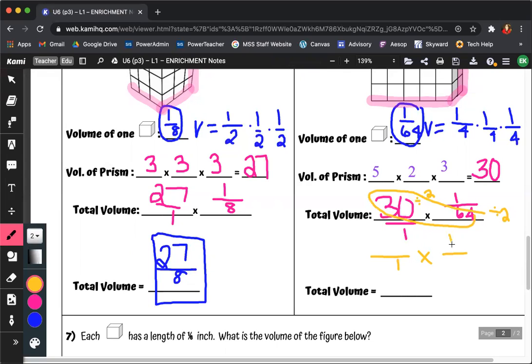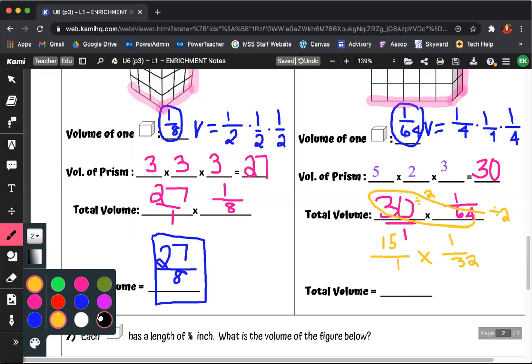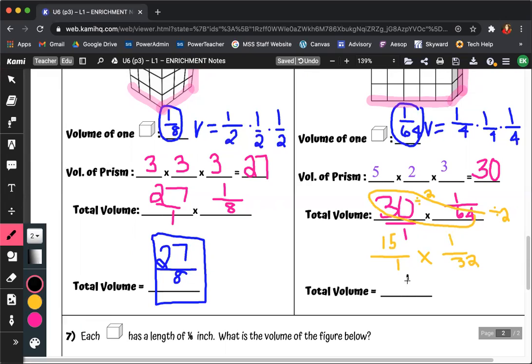My ones are going to stay the same, but 30 divided by 2 is 15. 64 divided by 2 is 32. And then I'm just multiplying across. 15 times 1 is 15. 1 times 32 is 32. So we get 15 over 32.